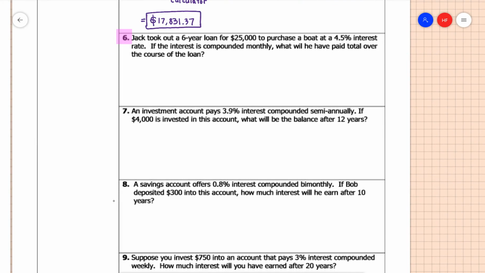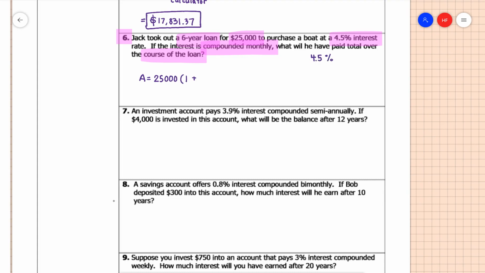So number 6, Jack took out a 6-year loan for $25,000, and it has 4.5% interest. If the interest is compounded monthly, what will he have paid total over the course of the loan? So his principal amount for that loan was $25,000. His rate was 4.5.